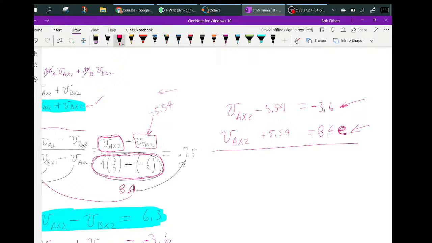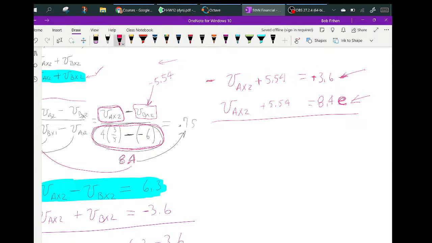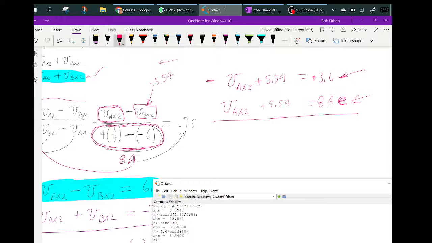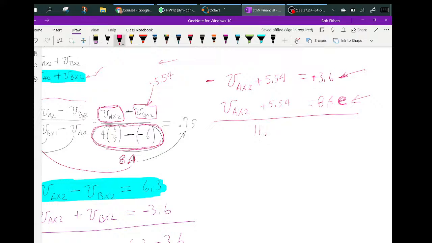So I guess I'll subtract this equation. Now I'll put a minus in front of it, add it, I get, multiply times 2, 11.085 is equal to 3.6 plus 8.4e.